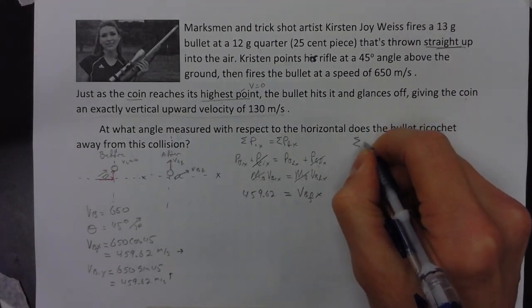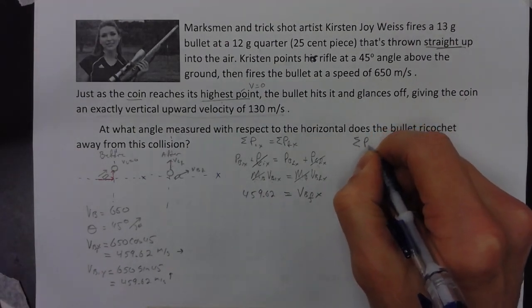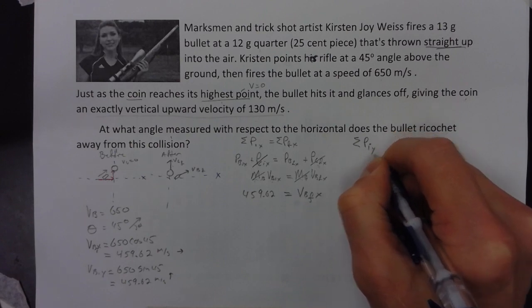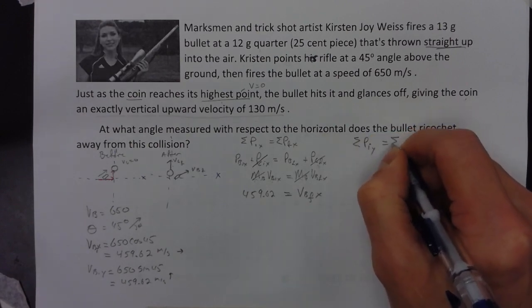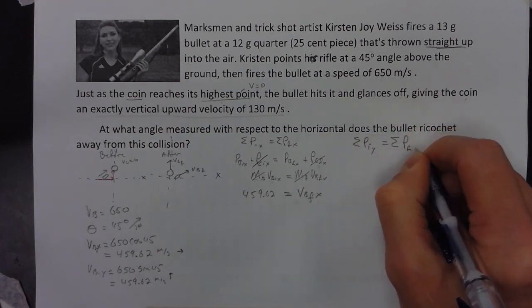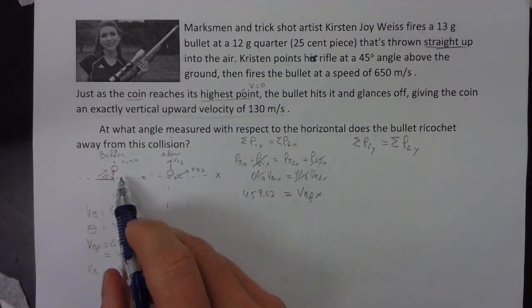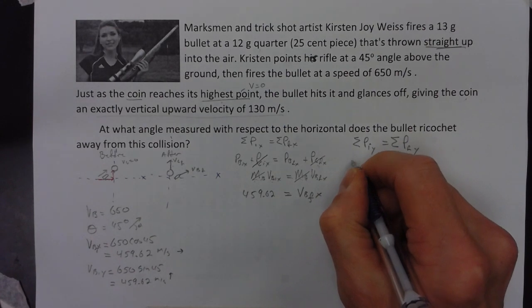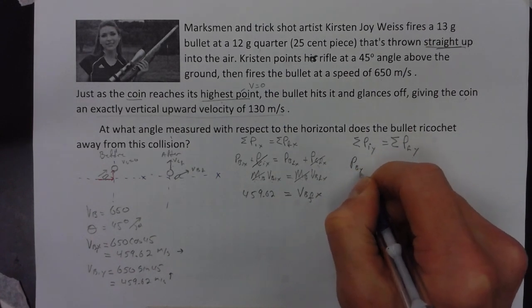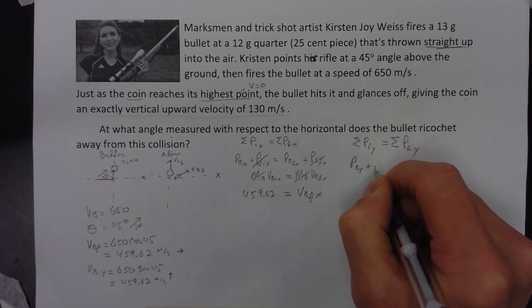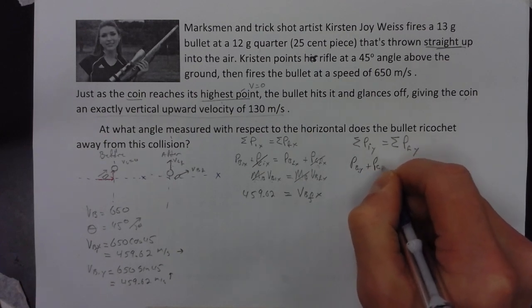So same application. The momentums initially in the y, all added up, are going to equal the sum of the momentums finally in that y direction. So for my y's initial, I have to consider the bullet y initial and the coin initial y.